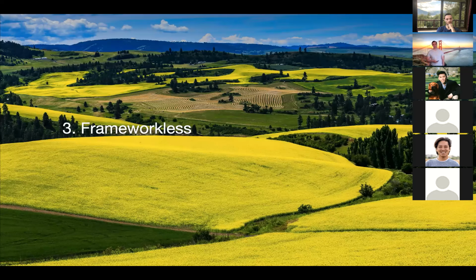You only really require the libraries that you must. So you don't have a big overarching framework that's going to dictate your architecture. And I think about it as just a big empty field, and you can build whatever you want on that field, but you just don't have a lot of infrastructure to build it with. So you don't have switch systems and things like that, probably, but that might be okay for you.